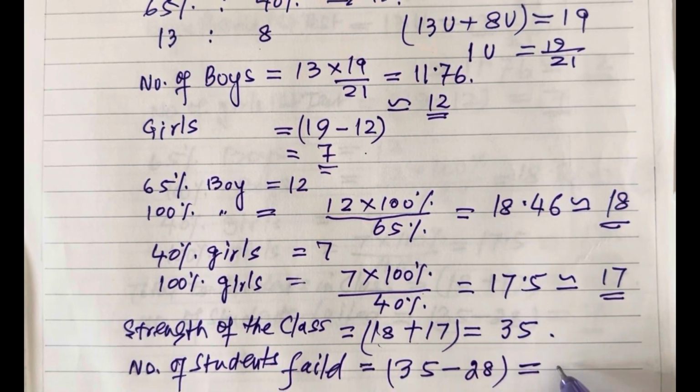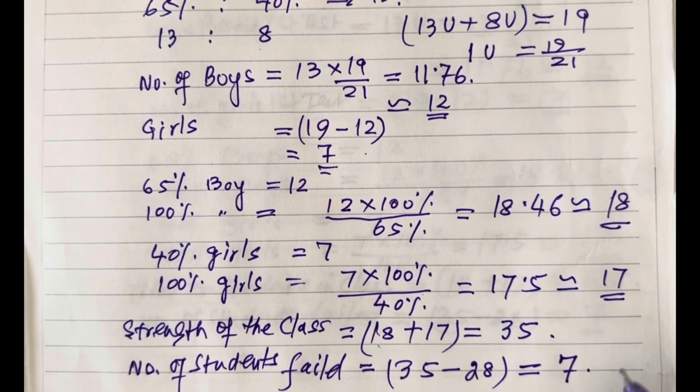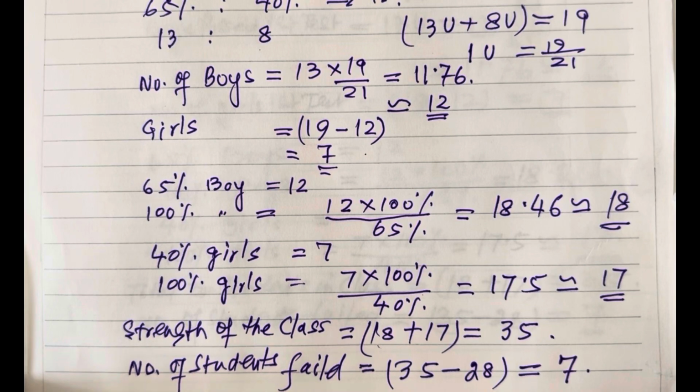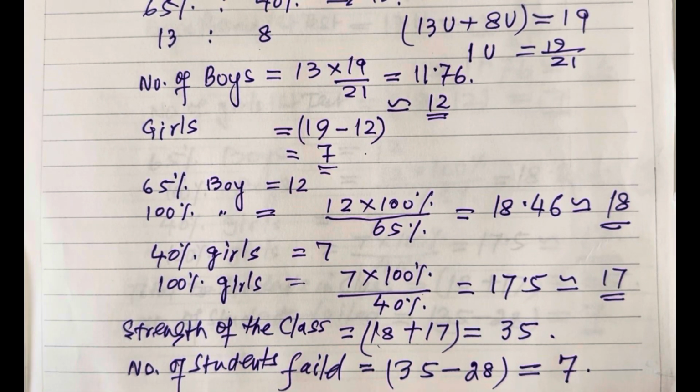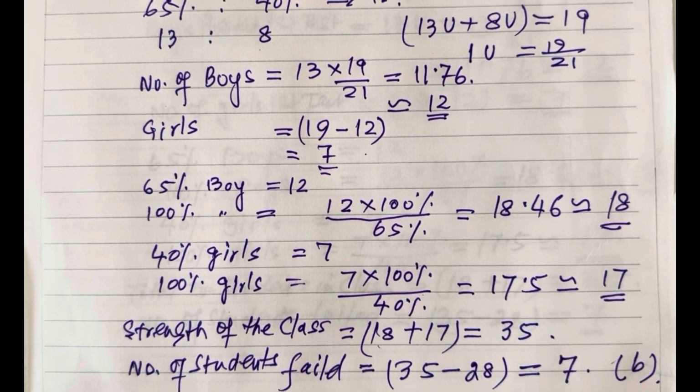So students failed are 7. So you got your answer, and from the choices of answer as given above, B is the right answer. B is your option for the right answer.